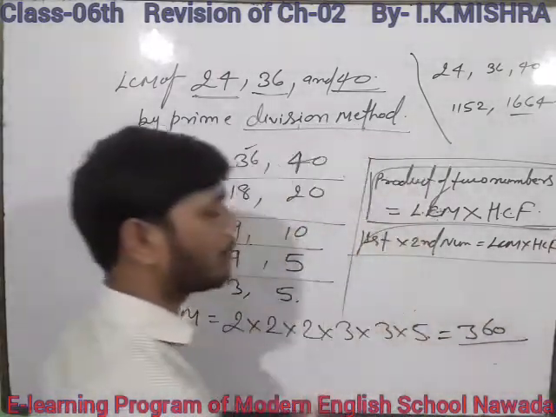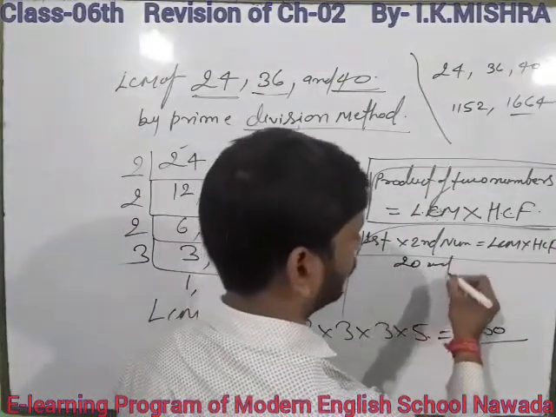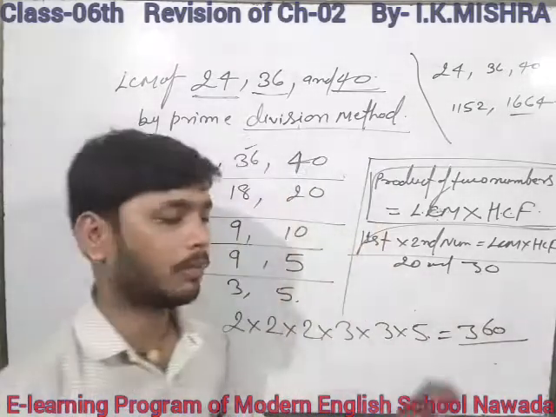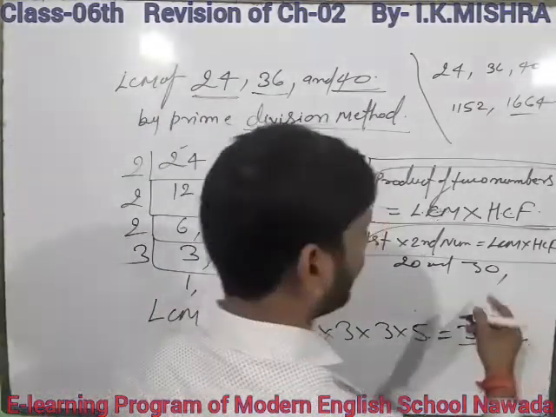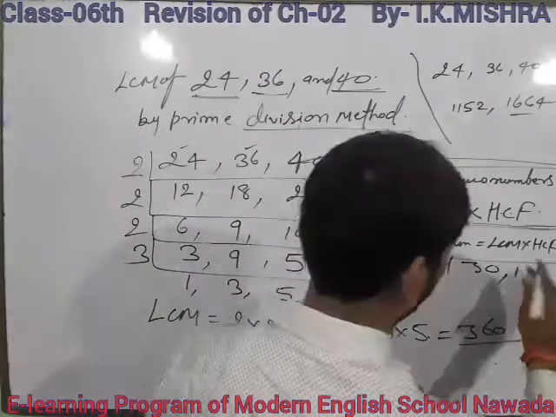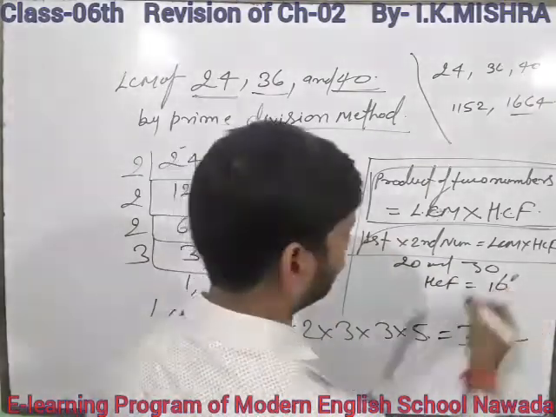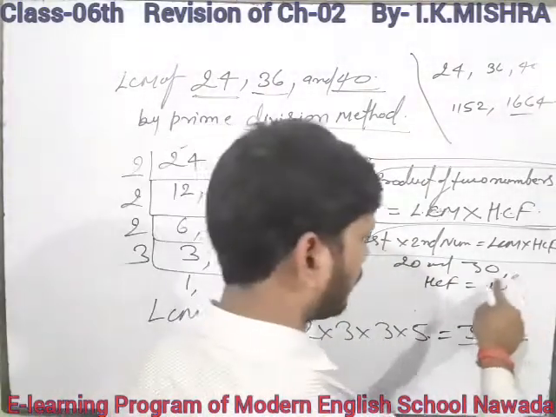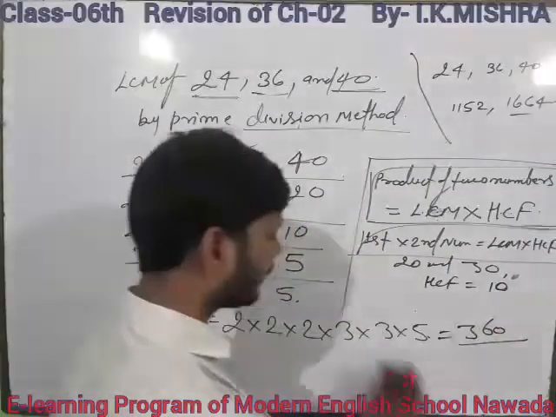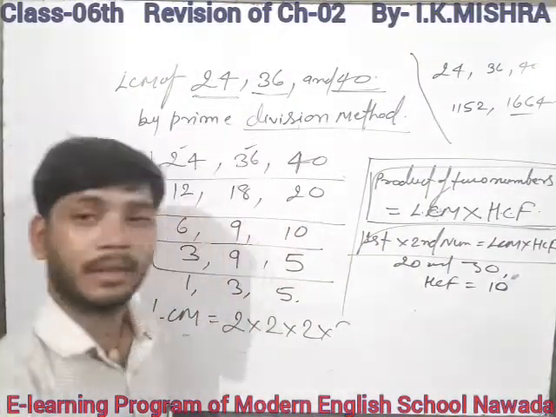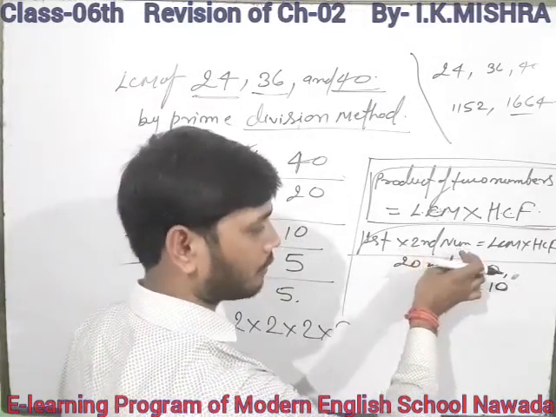Students, suppose 20 and 30 are the two numbers that are given, and HCF is given, HCF is equal to 10. Then you have to find the LCM. So students, use this fact.